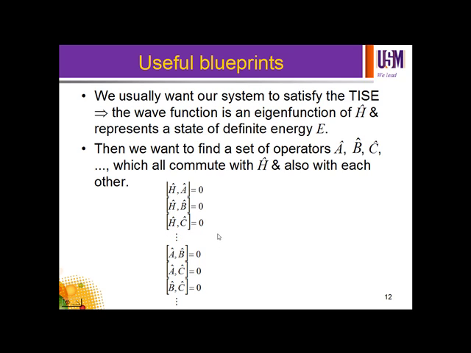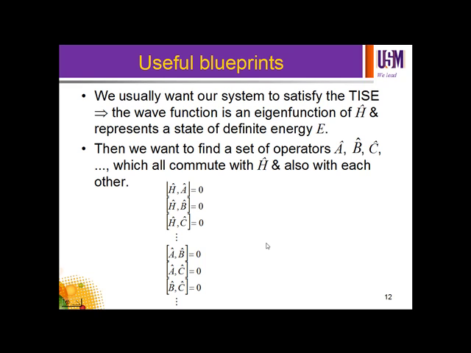You can put so many commutators of operators with respect to Hamiltonian operator equal to 0. Then, of course, the commutator of the other operators apart from Hamiltonian operator H should also be zero. That means A, B is 0, A, C is 0, B, C is 0, and so on and so forth. So this is the extension of the properties of the commutator of operators.